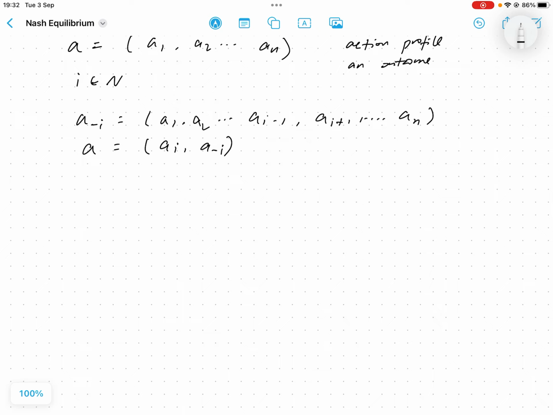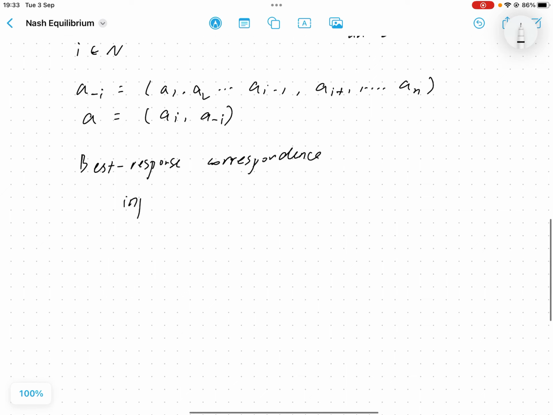So it's not a number, it's a set. That's called the correspondence. So we define this best response correspondence. The input is some sort of x, and the output is a set.